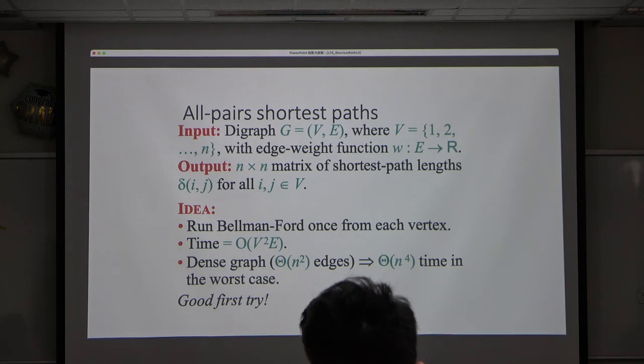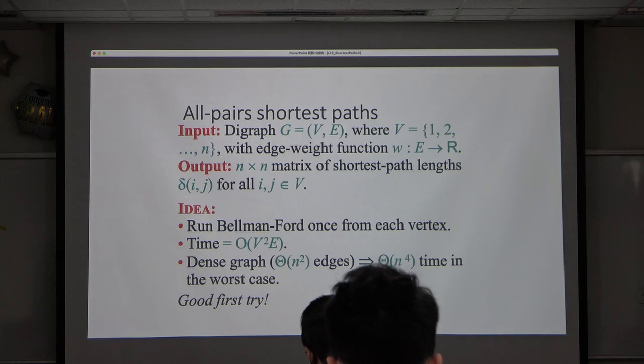Is it good enough? Actually, it's not that bad, but really n to the power 4 is not what we are looking for. But at least, as I say, it's a good first try.